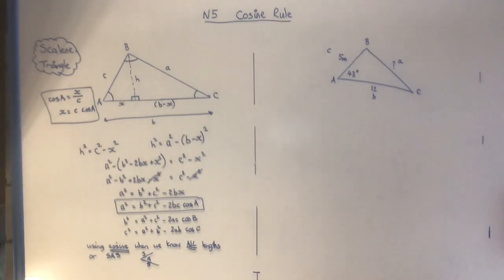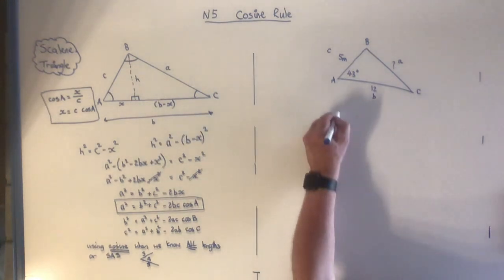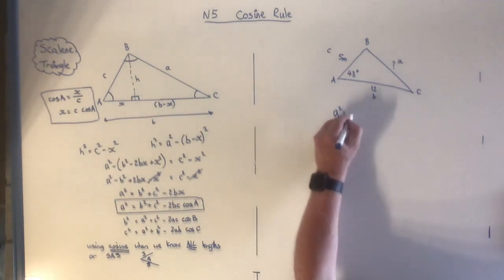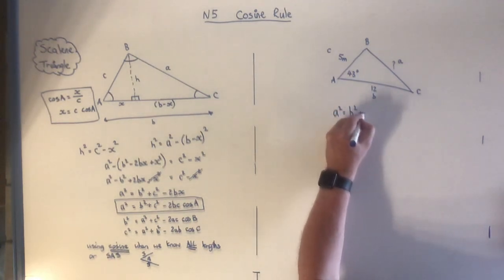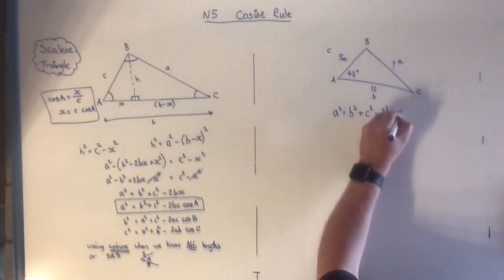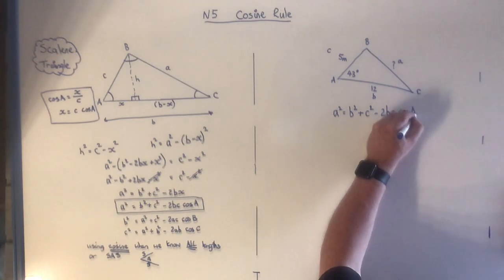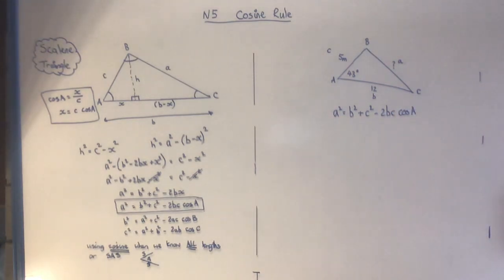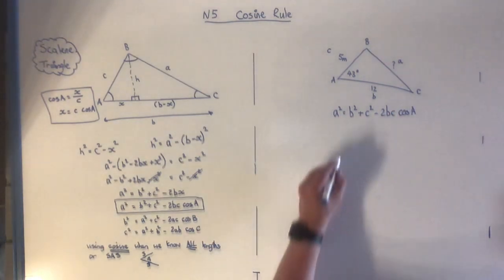Okay, so using my formula I just derived, I'm going to have A squared is equal to B squared plus C squared minus 2BC cos A. Okay, so just plug in the numbers.